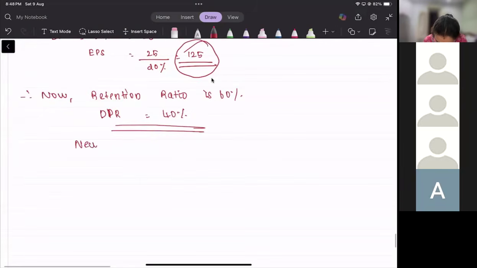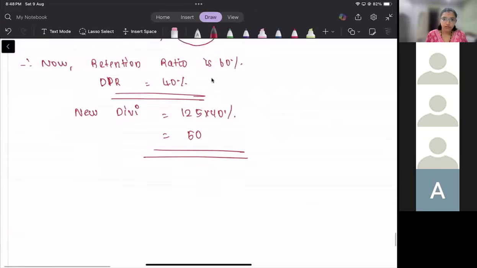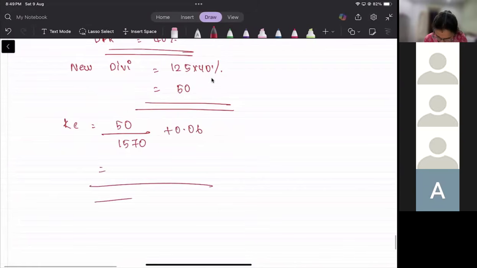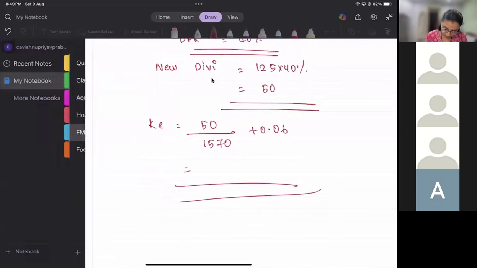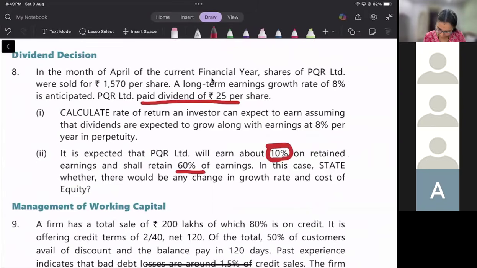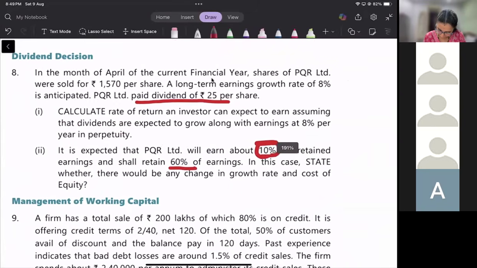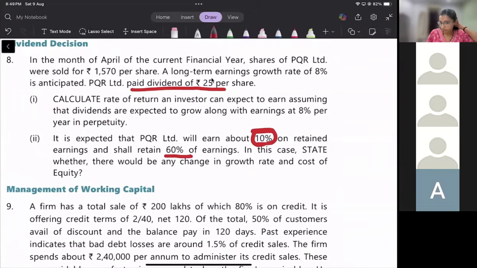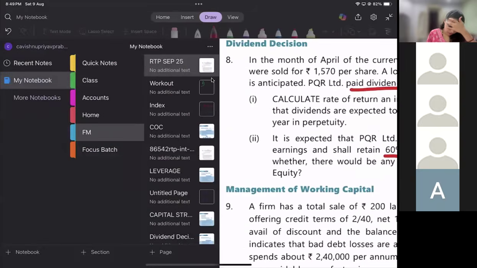So what will be my new dividend? 125 into 40%. 50 rupees will be my new dividend. So now we can find out our K. Yes, correct. So, did you get the KE now?